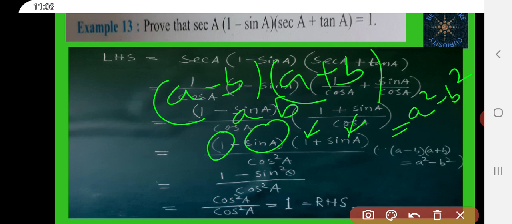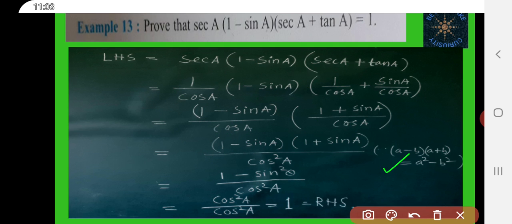Okay. So you can use this. So you can write here 1 square minus sin square a, that is 1 minus sin square a. Not theta, here a.